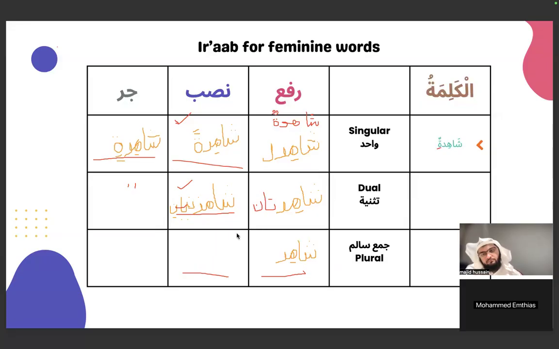Shahidatani is a dual word that we finished. It will be shahidatun. This one is for the category of rafa.